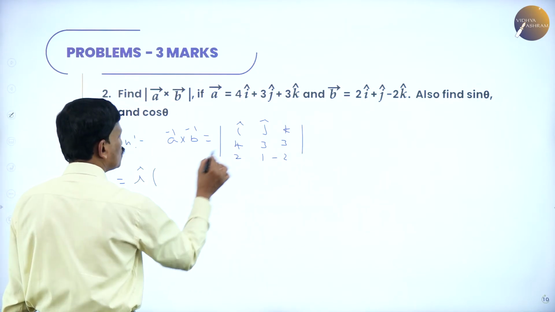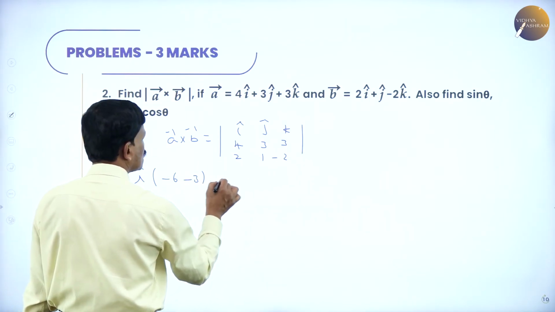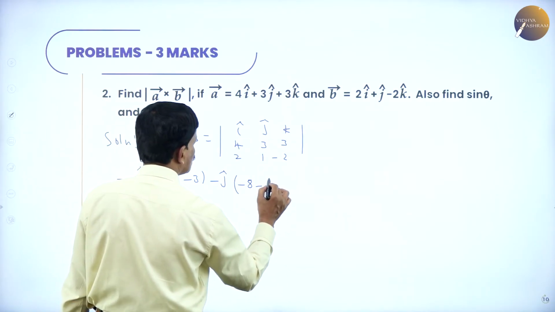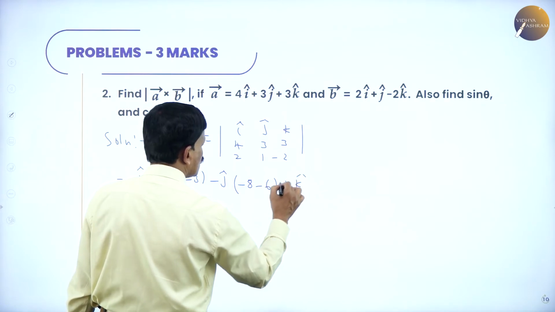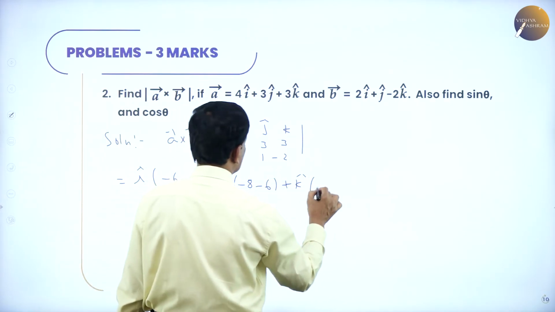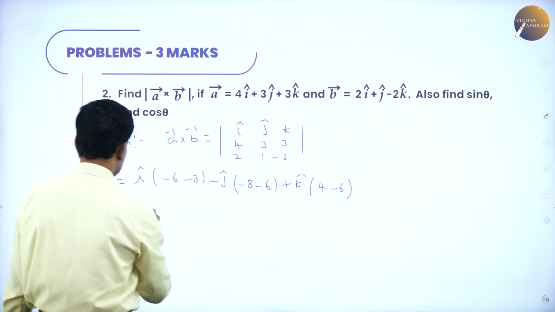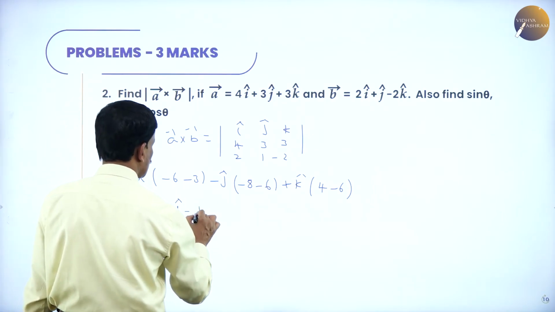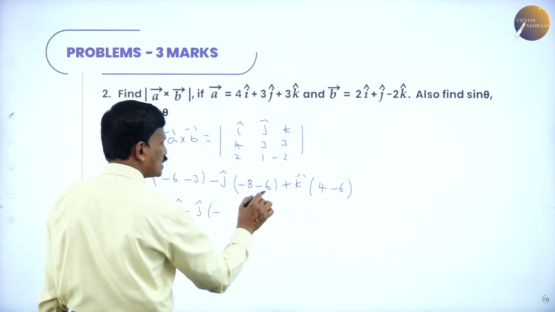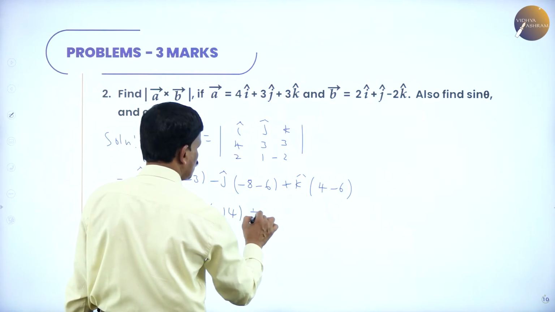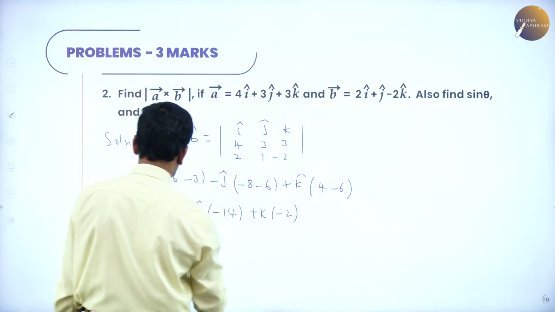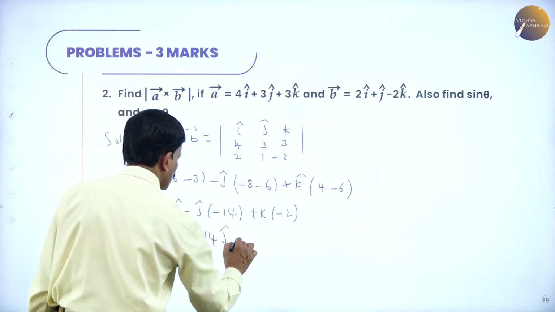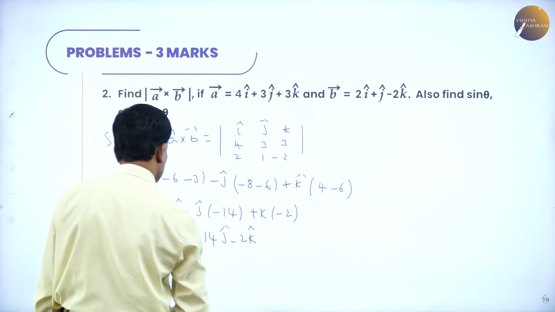This is i into 3 2s are 6 minus 3, minus j into this row and column is gone, 4 2s are 8 minus 2 3s are 6, plus k cap into this is gone, 4 1s are 4 minus 6. So this is minus 9i minus j into 8 minus 6, plus k into minus 2. So this is minus 9i plus 14j minus 2 times k.